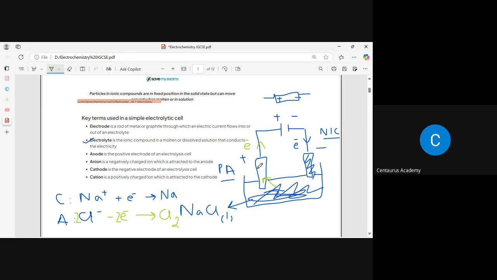And since chlorine gas has a green color, it is observed as a green gas evolving at the positive end. Is this point clear so far?